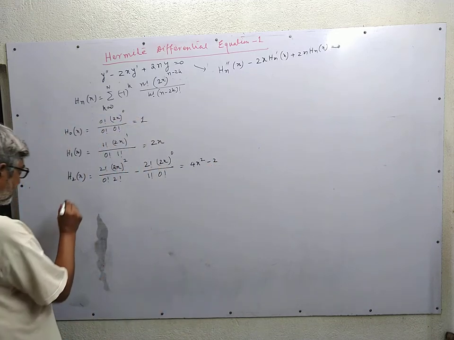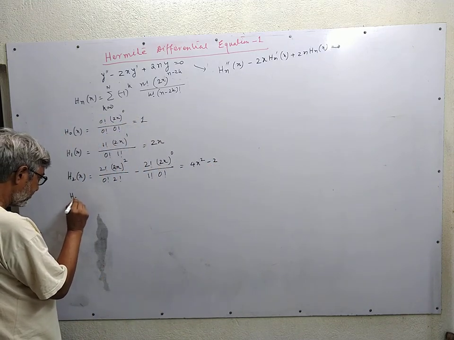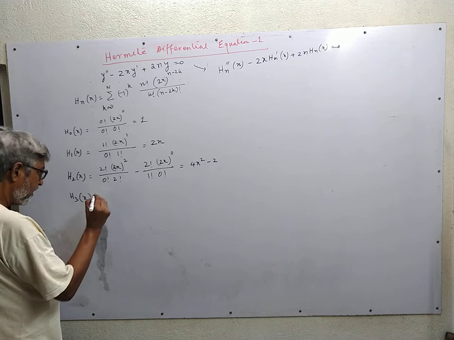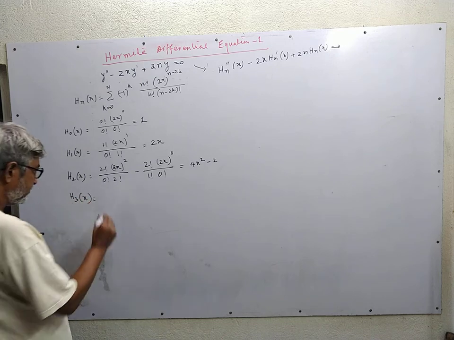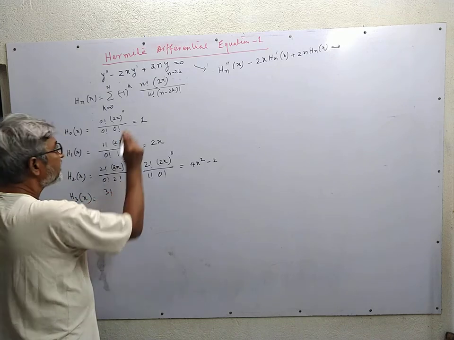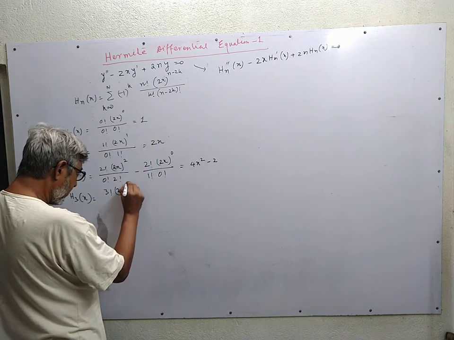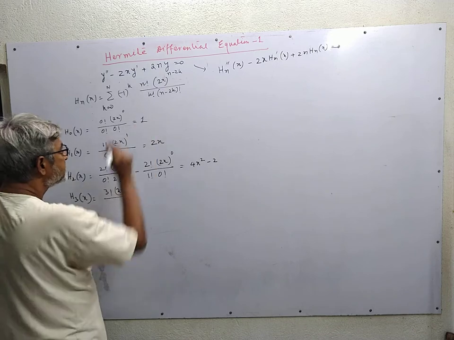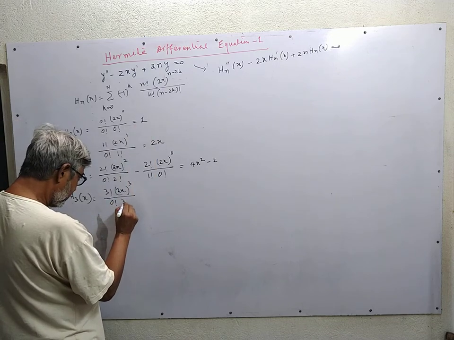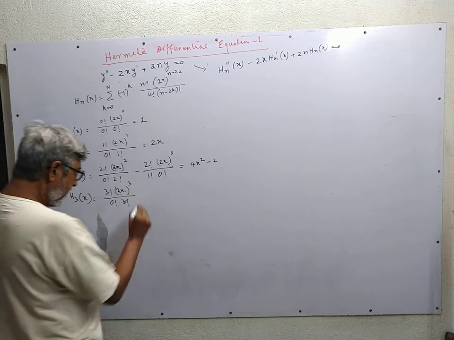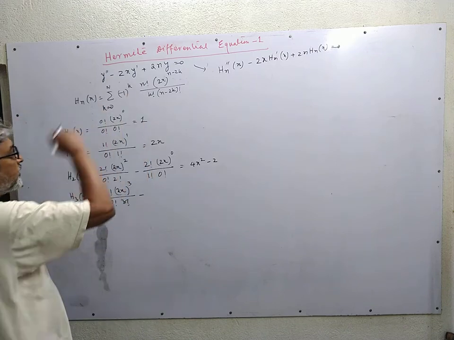Now as the last example, we consider H3 of x. First term is k is equal to 0, so this is 3 factorial, 2x to the power 3, over 0 factorial 3 factorial, minus the second term, k is equal to 1.